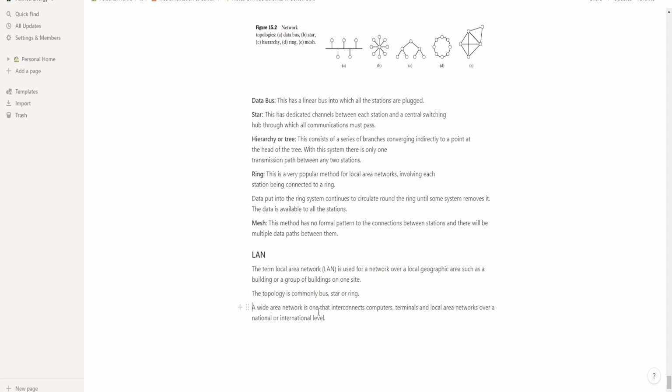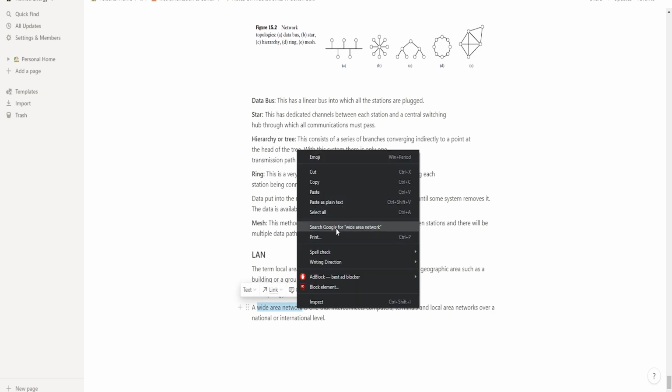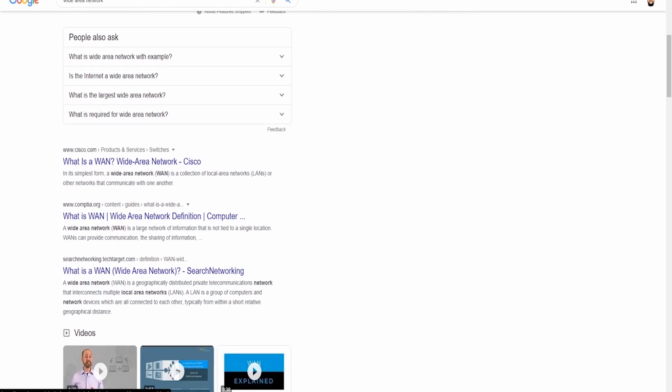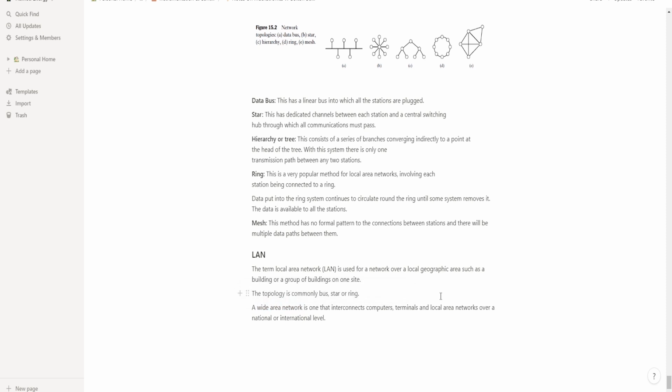A wide area network is one that interconnects computers, terminals, and local area networks over a national or international level. Is that a WAN? What's a WAN? Yeah, WAN. Interesting. Okay, so let's put a WAN. There we go.